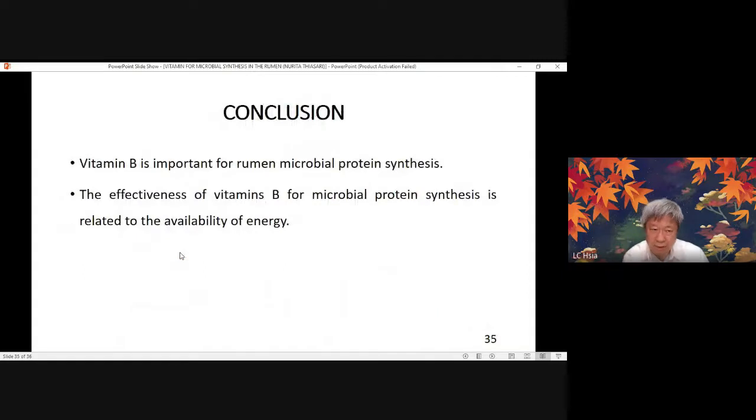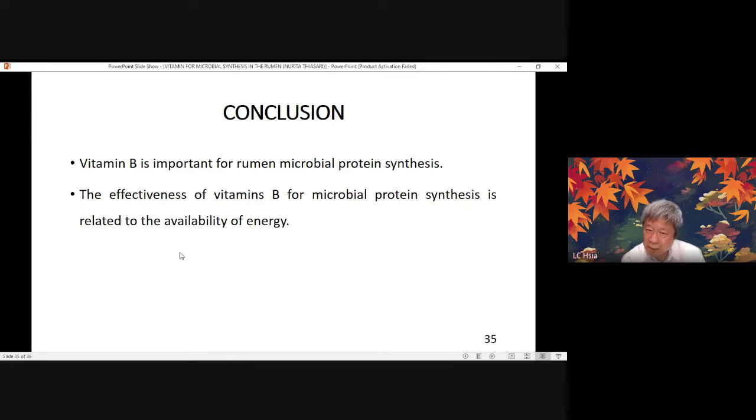This one. You said vitamin B is important for rumen microbial protein synthesis. But did you notice you said folic acid is not important? So this is a little bit of a conflict.